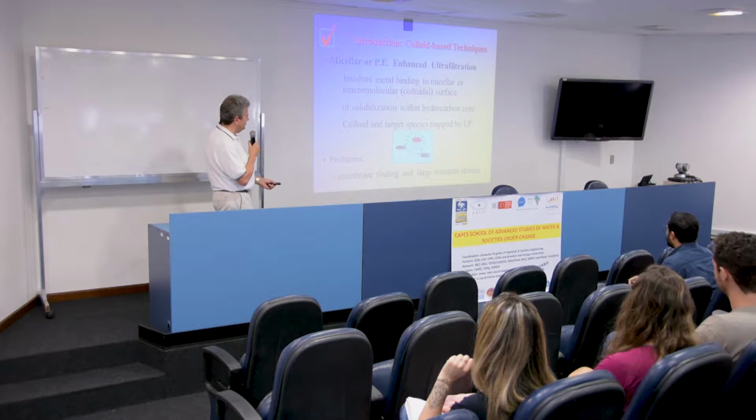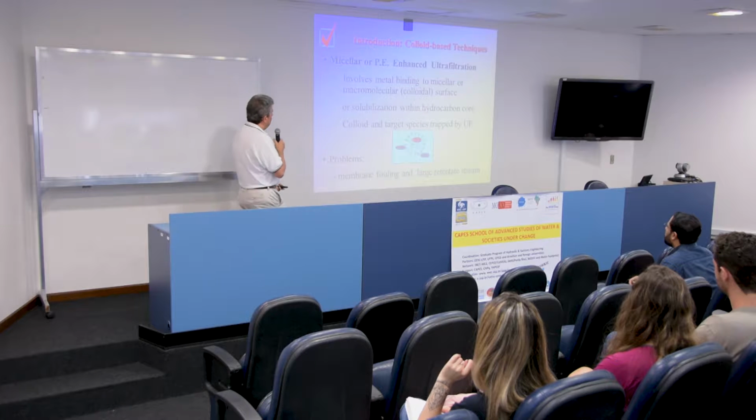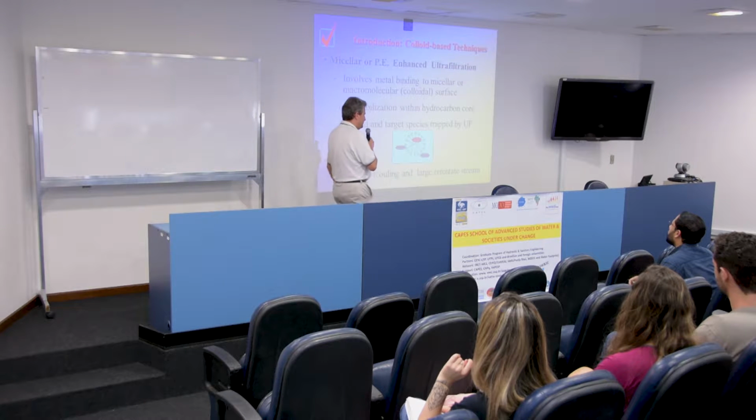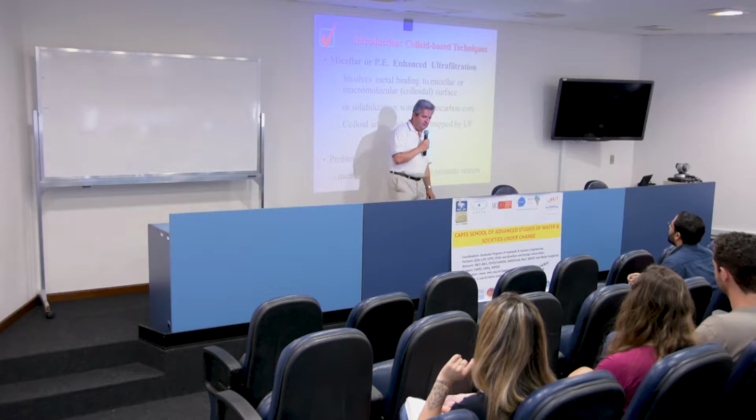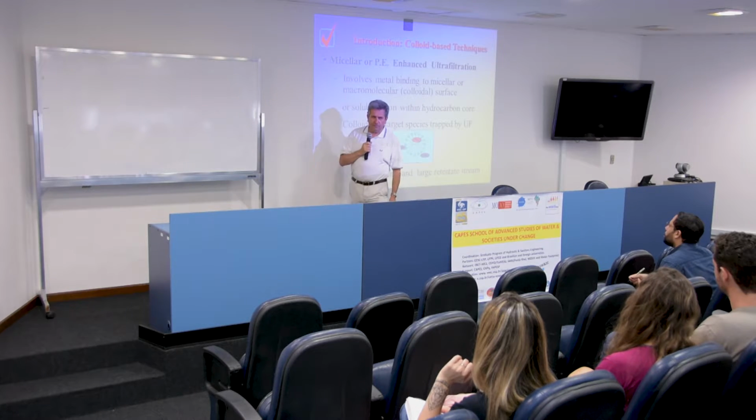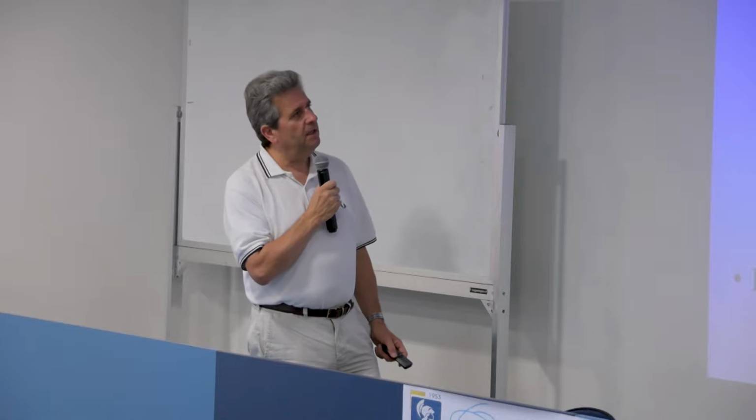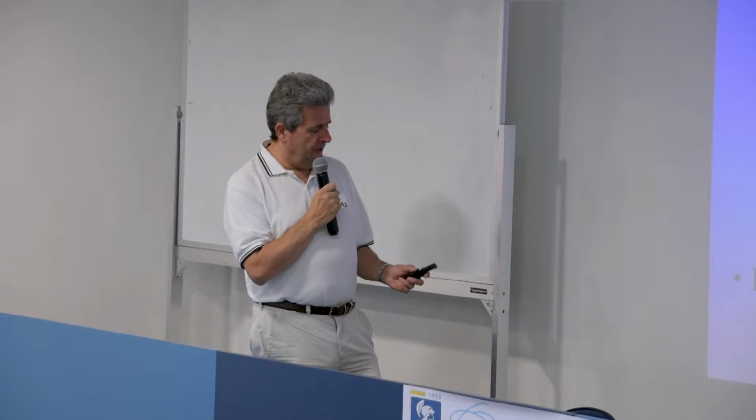That is to say, the recovery of the water phase is quite low. We have a large retentate still trapped behind the membrane. So micellar enhanced ultrafiltration was developed 20 or 30 years ago, but it never really took off because of these problems. And that's why we've tried to develop new ideas.